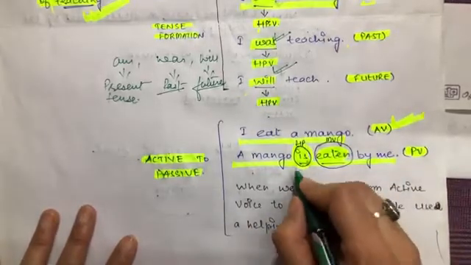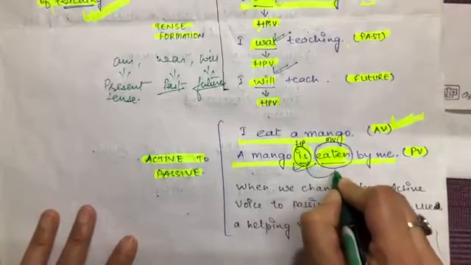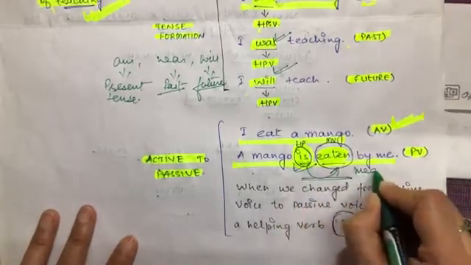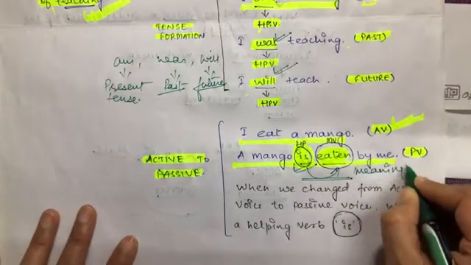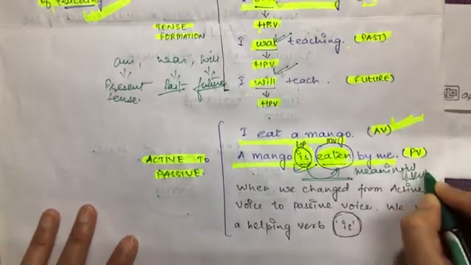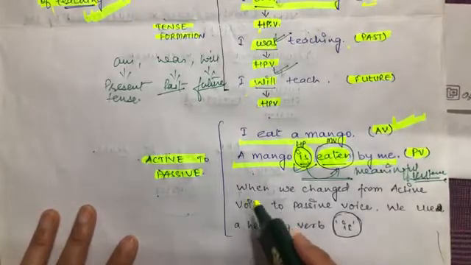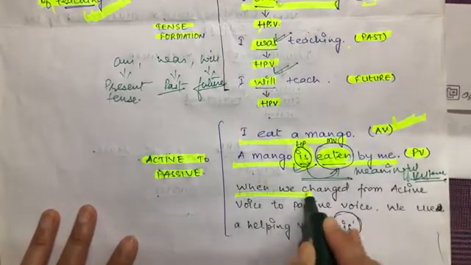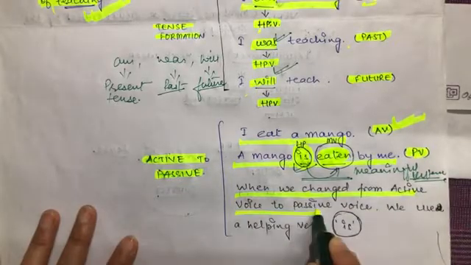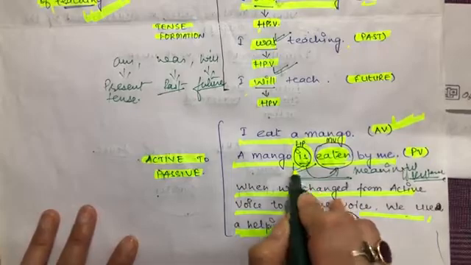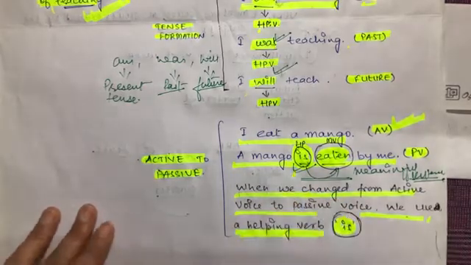Here is helps the main verb to form a meaningful sentence. Clear? When we change from active voice to passive voice, we use a helping verb. Here we have used the verb is.